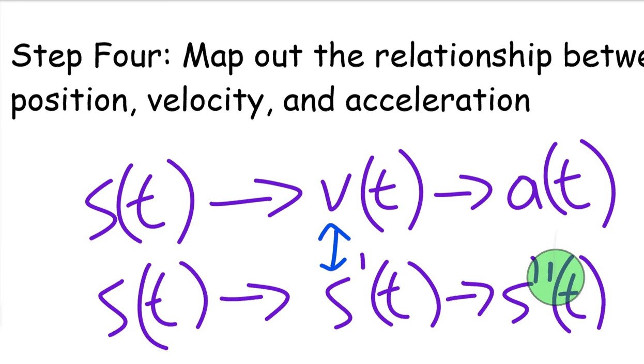Finally we have acceleration, which is the second derivative of position. It makes sense because it is the rate at which the velocity is changing. So you could write v prime of t equals a of t, which is the same as the second derivative of position. The more you understand this map, the more success we're going to have in these questions, because eventually you're going to have to move backwards, and this map will help you.